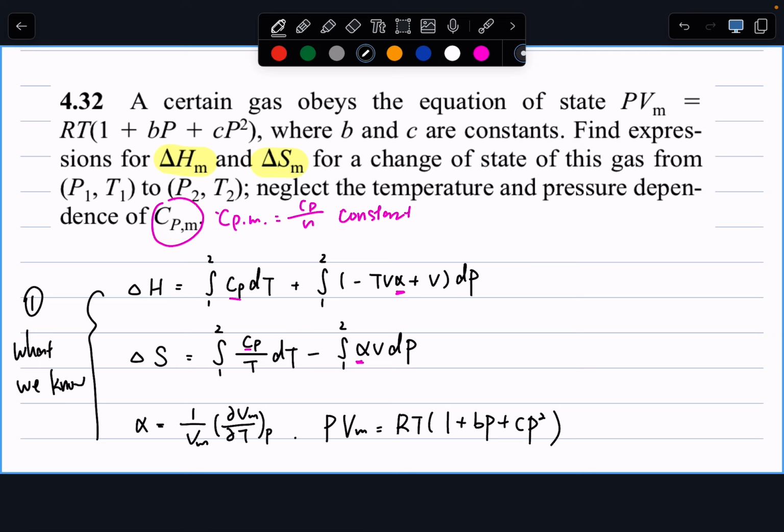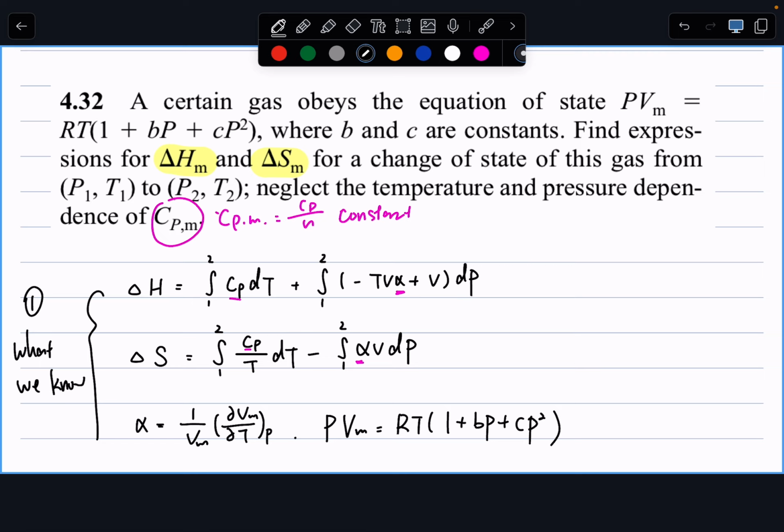And next step, we have problem number 4, which is solving for my delta S. So that's the integral of Cp over T dT minus alpha V dP. Again, plug in what we know. Cp is a constant, so I can take Cp out and solve for the integration of 1 over T dT.